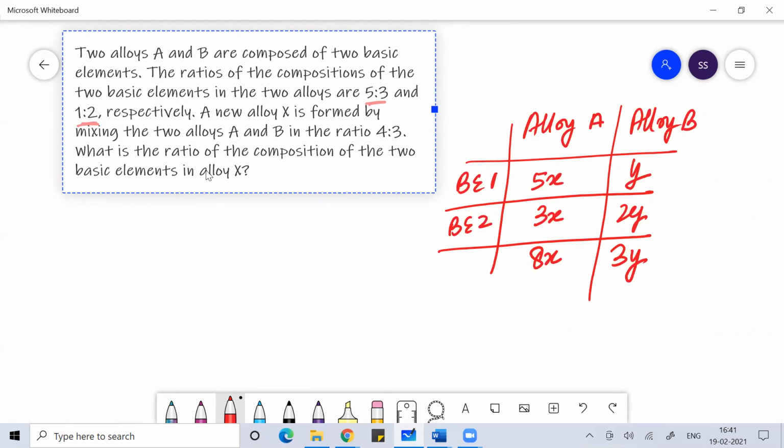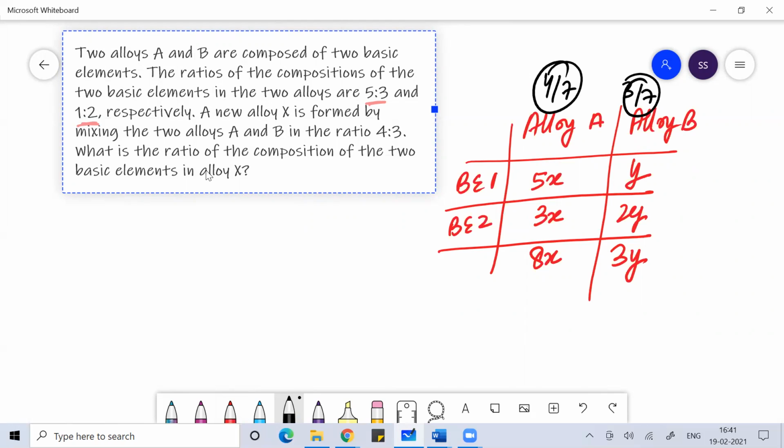Okay, so a new alloy X is formed by mixing the two alloys in the ratio 4 is to 3. So I have taken 4 by 7 part of alloy A and 3 by 7 part of alloy B. Okay, so what is the ratio of composition of two basic elements in alloy X?